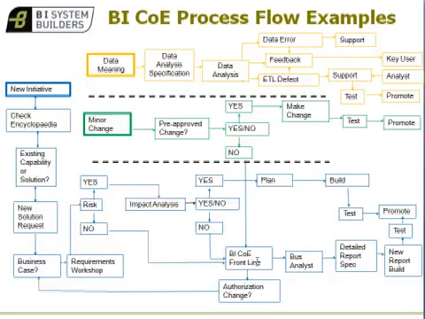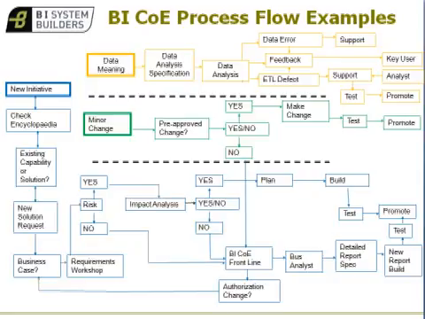Now I'm not suggesting you use these flows, they're just examples to give you an idea of the type of flows that you can define to use within your BICC framework. There are many more things. Each flow will be closely related to the services that you predefined.